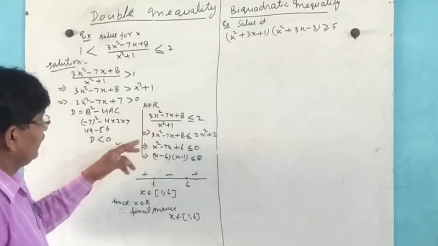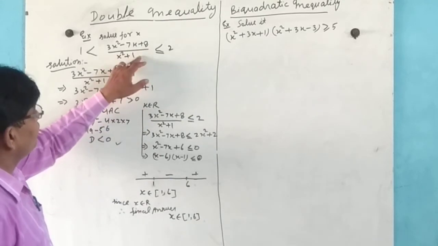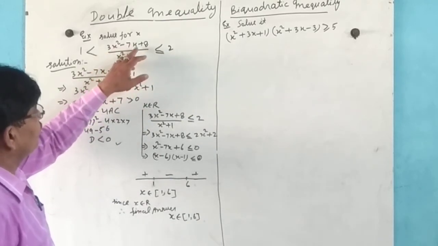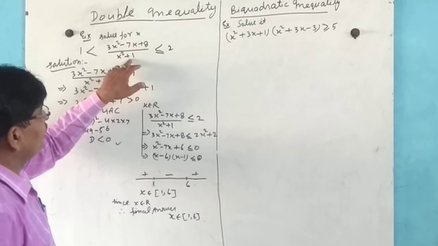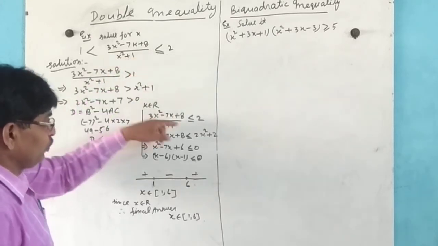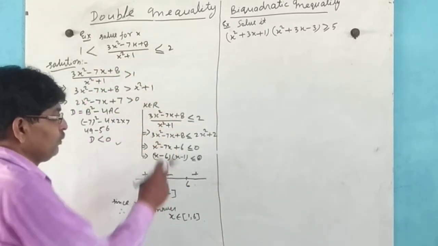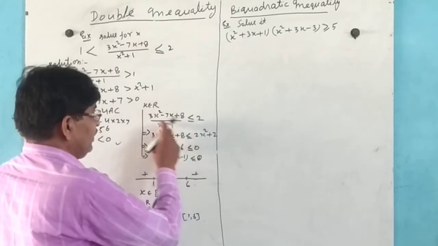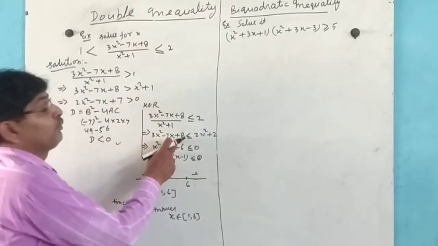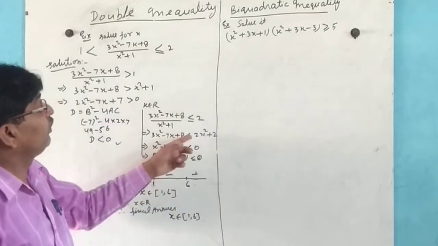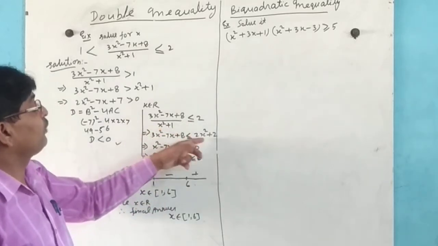Now another term: 3x square minus 7x plus 8 divided by x square plus 1 is less than or equal to 2. By multiplying this, 3x square minus 7x plus 8 is less than or equal to 2x square plus 2.